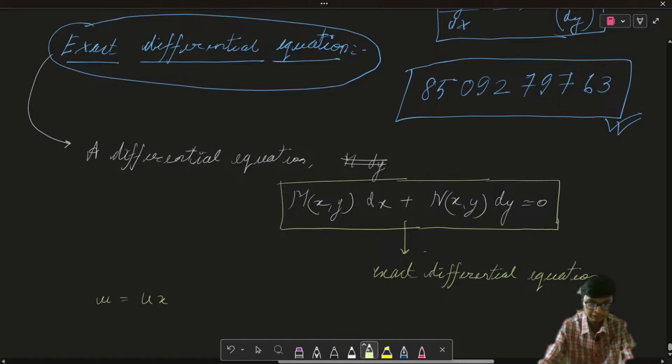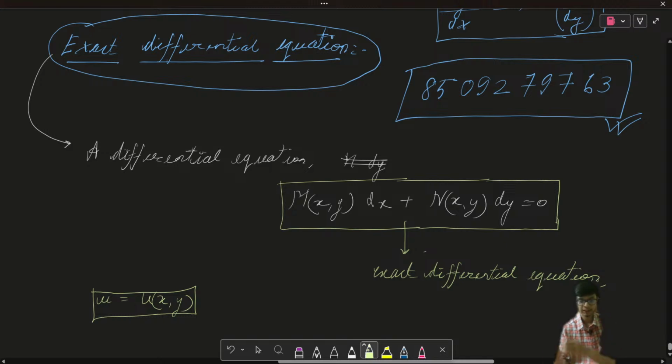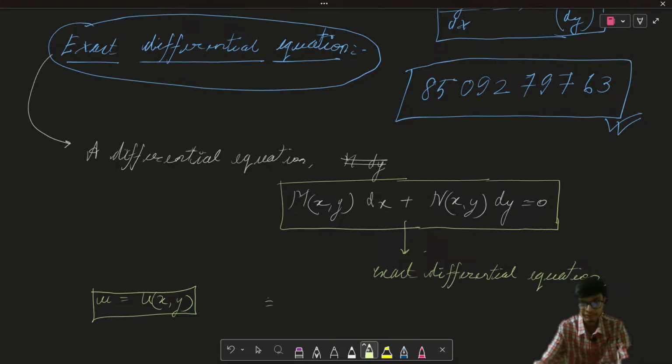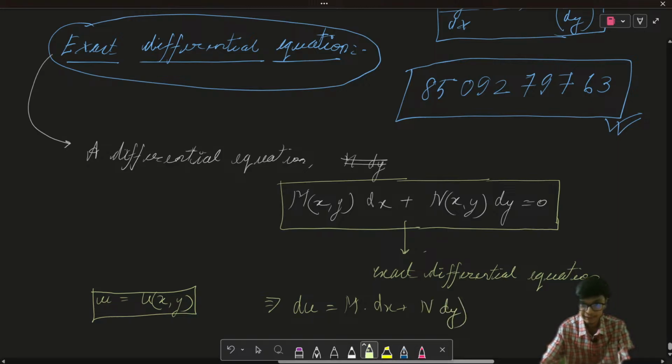Let us say that particular function u is some function of x comma y, right? Now this particular differential equation is called an exact differential of a function u if and only if I am able to replace this du with M times dx plus N times dy, right?